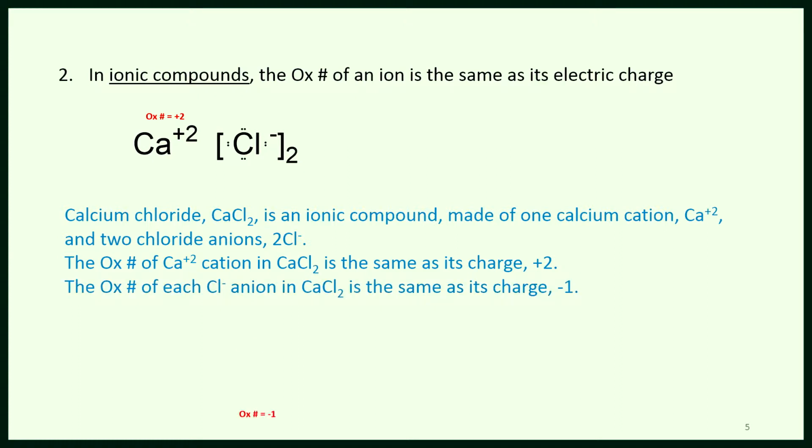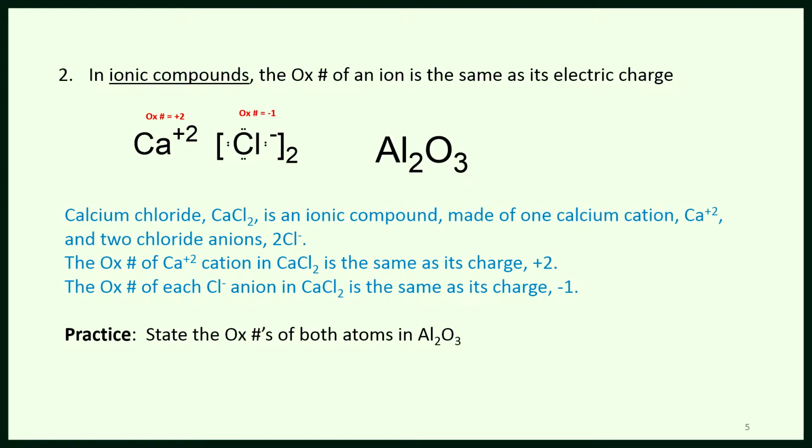Pretty simple, right? All right, here's a practice one for you. State the oxidation number of both atoms in aluminum oxide. Here's the structure of aluminum oxide. We break it apart into its ions.